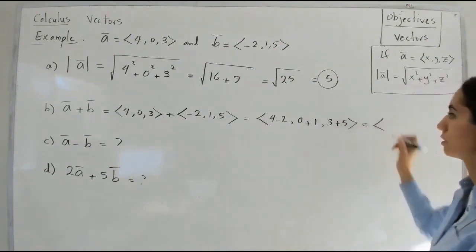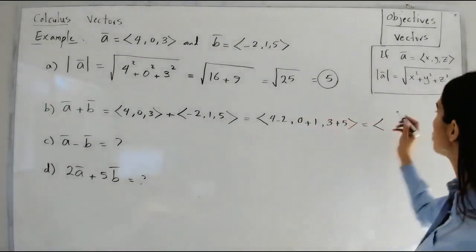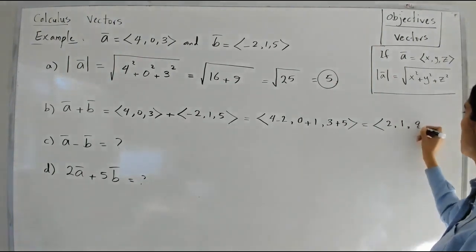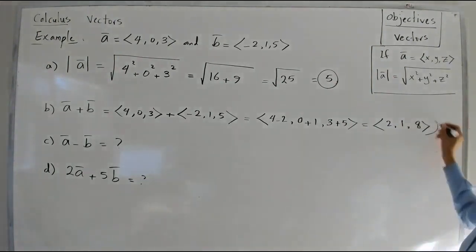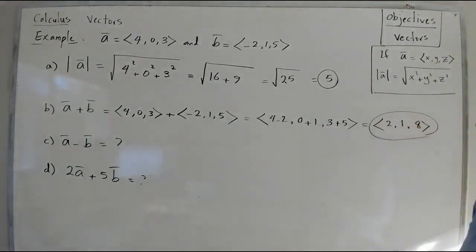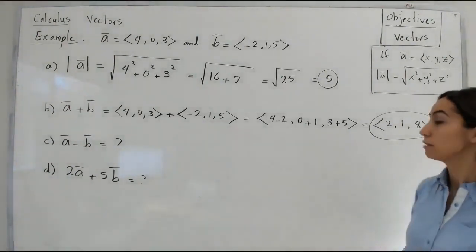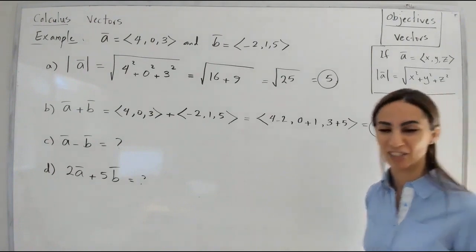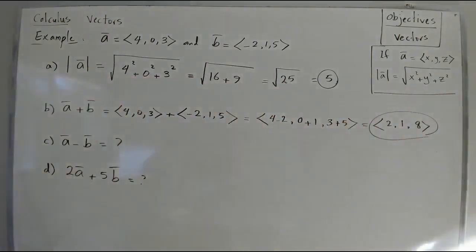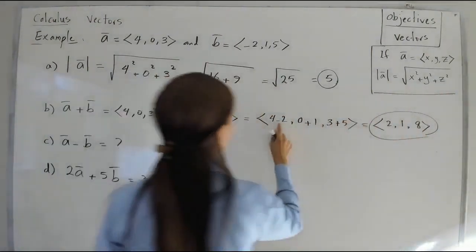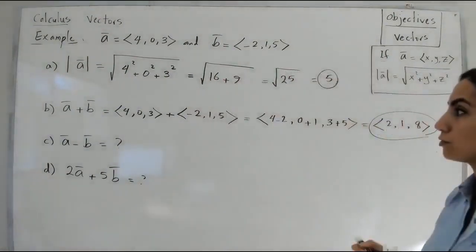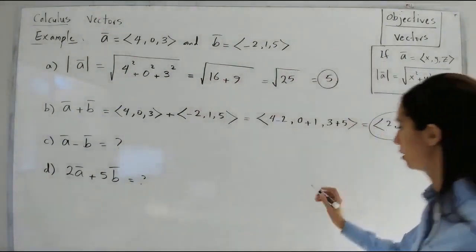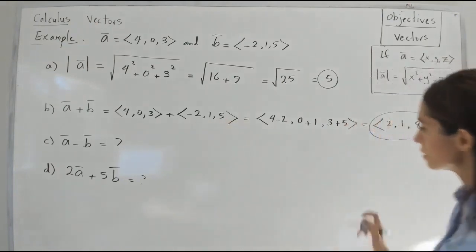Here we have this new vector with components 2, 1, and 8. Well, you might be interested in visualizing the sum between these two vectors. So to visualize the sum of these two vectors, we can graph these two vectors.